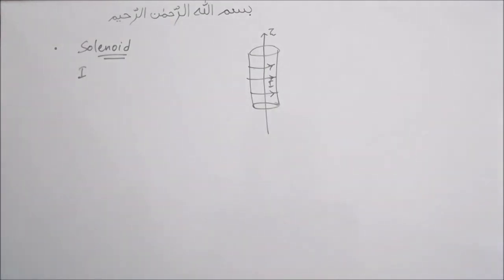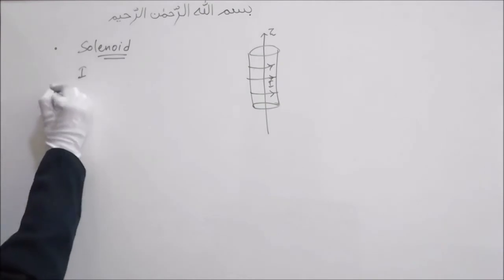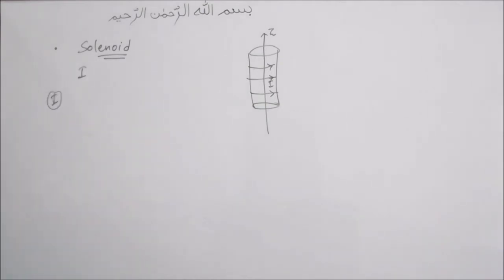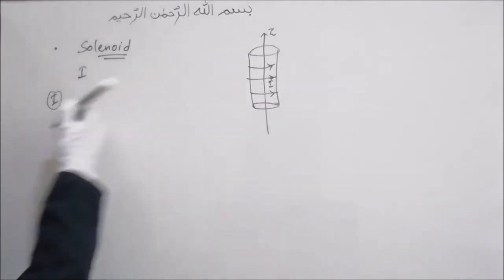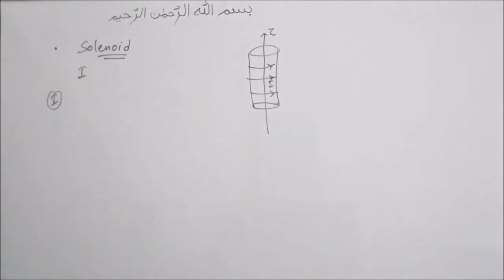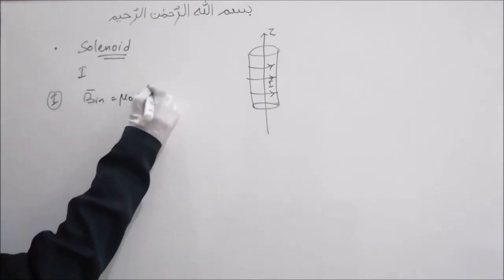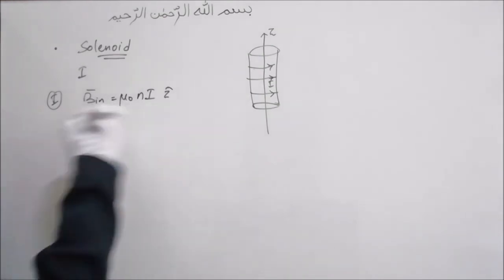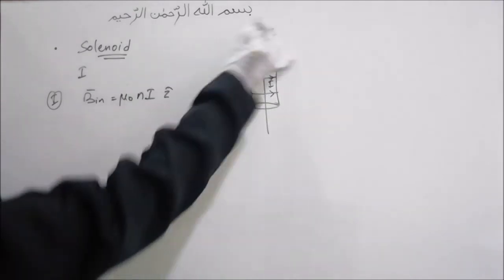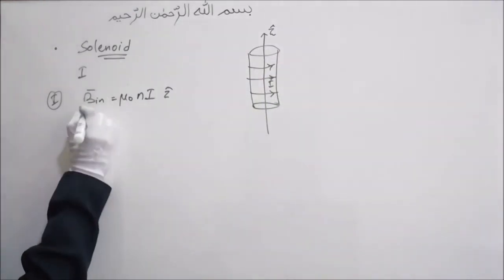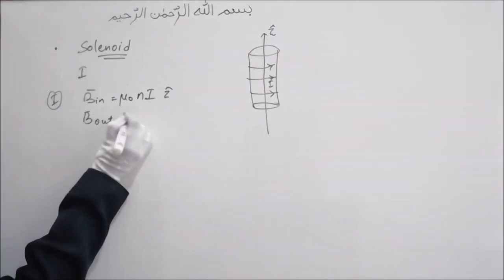It is an infinite solenoid. Now case 1 is for an air-filled solenoid. That is, inside we are having air, we do not have any magnetic material inside the solenoid. Then we already know the magnetic field inside will be mu naught N I in the z hat direction, and the magnetic field outside will be 0.